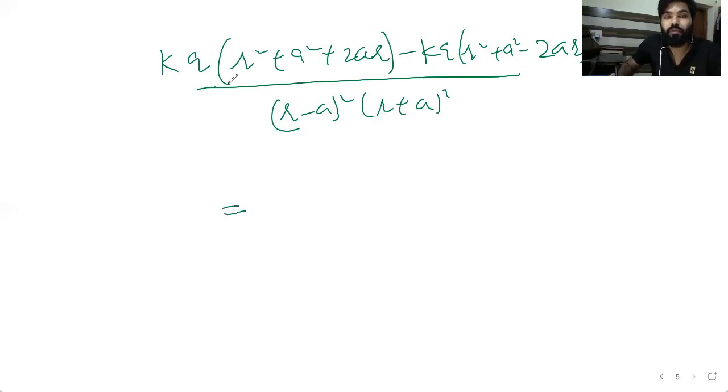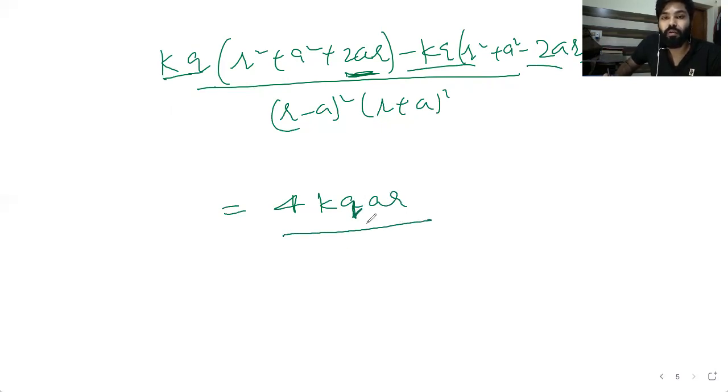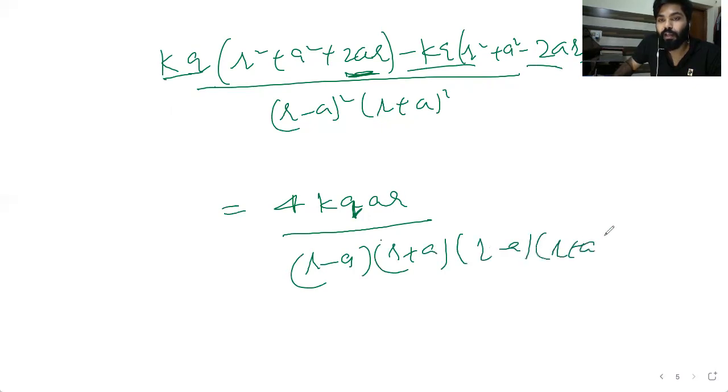Now when you solve, all the terms will cancel out and you will be left with 2ar kq plus 2ar kq. You will have 4 times kqar, over r minus a, r plus a, r minus a, r plus a as the denominator.